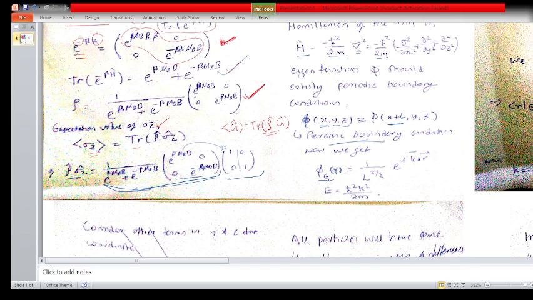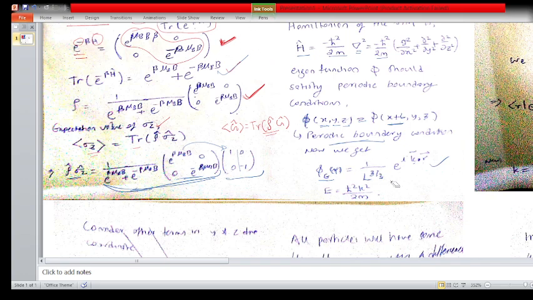So phi_E of r can be represented as 1 by L raised to 3 by 2, that is, the cube root of L, times e raised to i k dot r. This is the wave function corresponding to that particular particle in a box in 3 dimensions.